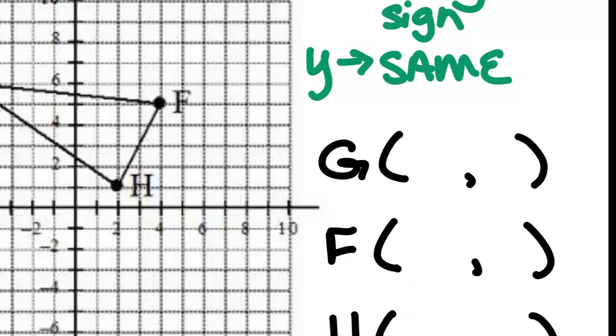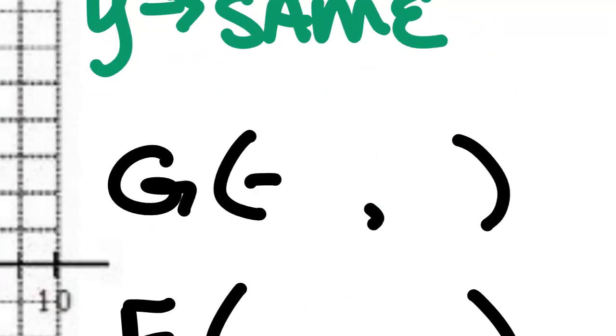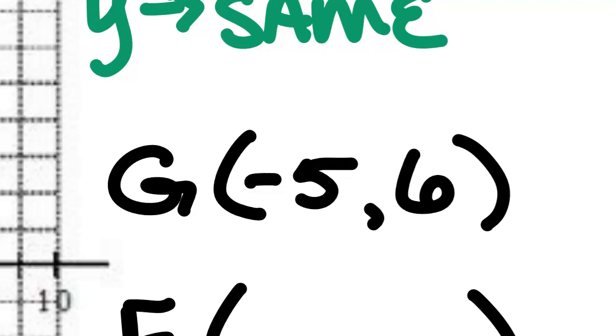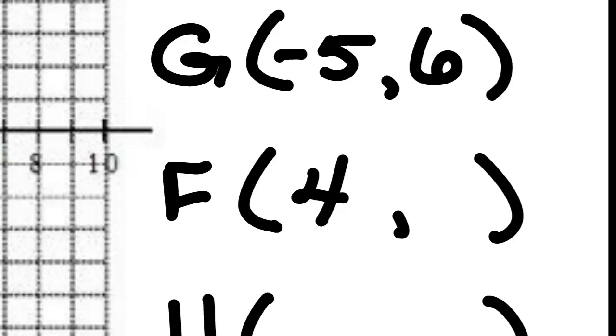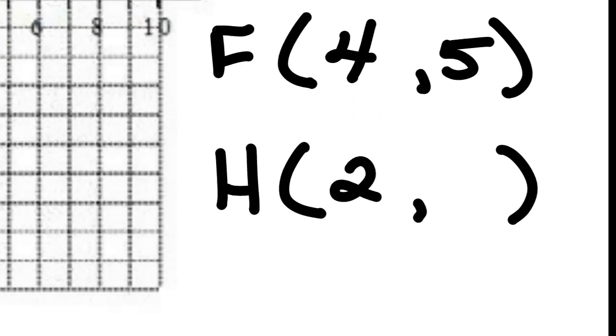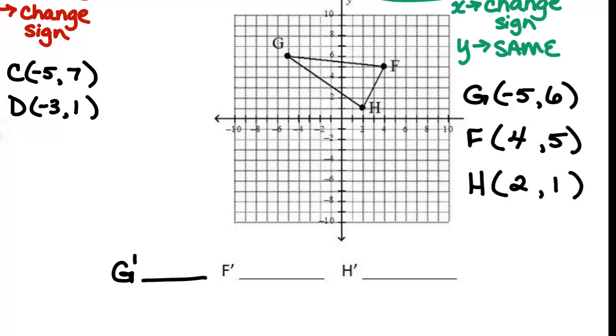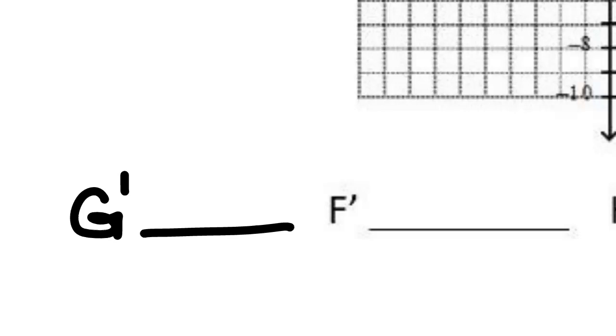Point G is at -5, 6. Point F is at 4, 5. And point H is at 2, 1. My x is going to change sign, but my y is going to stay the same. So what would G prime be then? 5, 6.